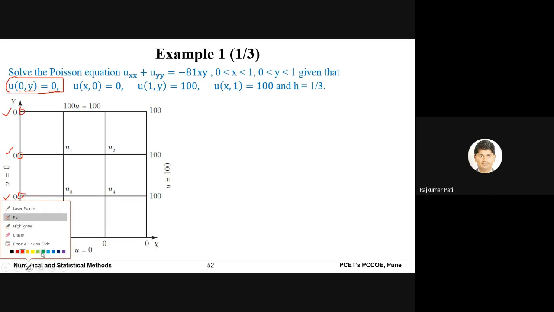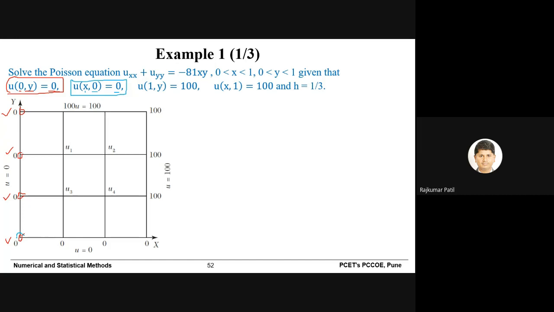Now we will go ahead. Let's take the second equation, u(x, 0) equal to 0. It means when y is equal to 0, for all the values of x, you will get u equal to 0. So the first point will be (0, 0).